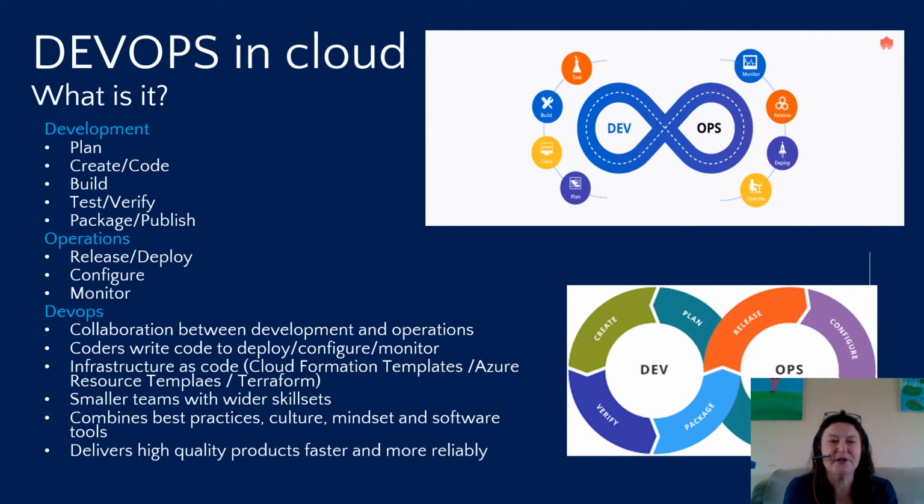So we've kind of talked about a lot of this already, but DevOps in the cloud is very similar to DevOps on site. We've talked about both. You do planning, you create the code, you build, you test, you verify. So you do unit tests, and you do integration tests and system tests and security tests. You package as much as possible so that you can reuse common code.